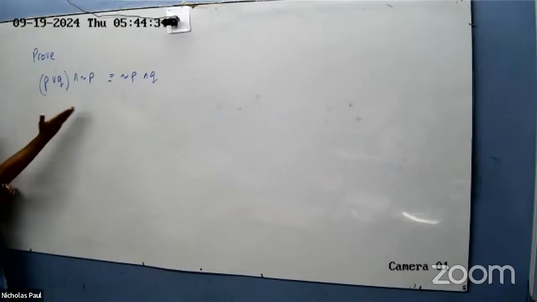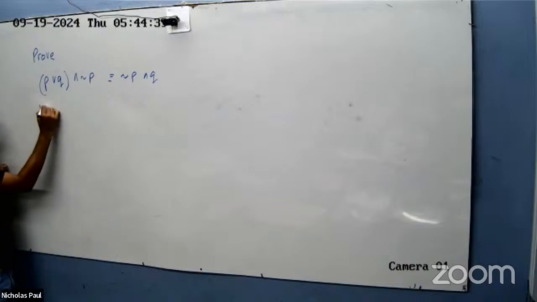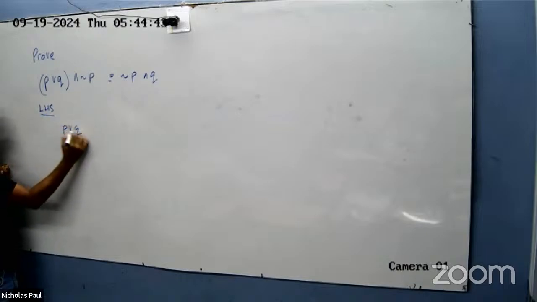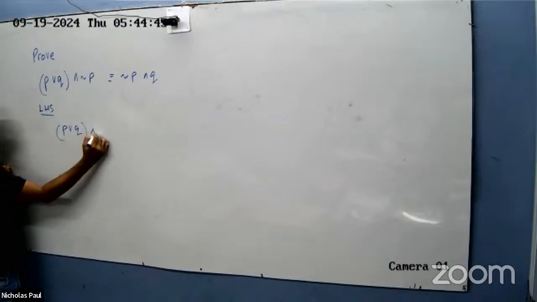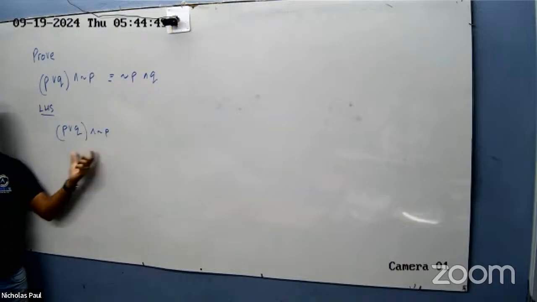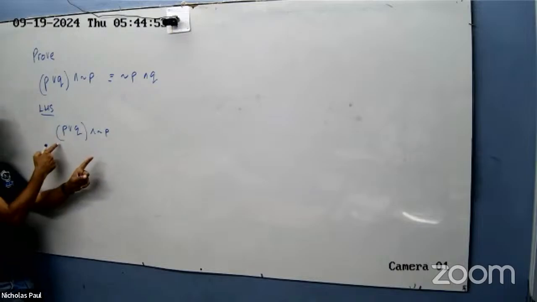Which side will you look at, left or right? Left has more info, so let's start with the left side: P or Q and the negation of P. This is not looking familiar, so I just want to switch them around. I will use the commutative law and switch them around.